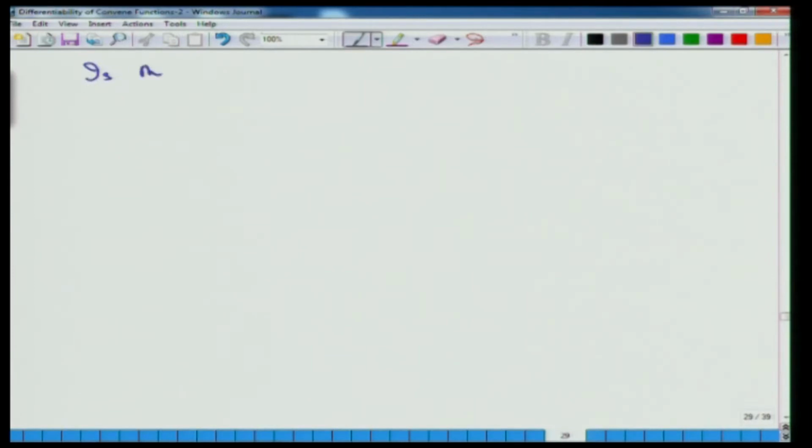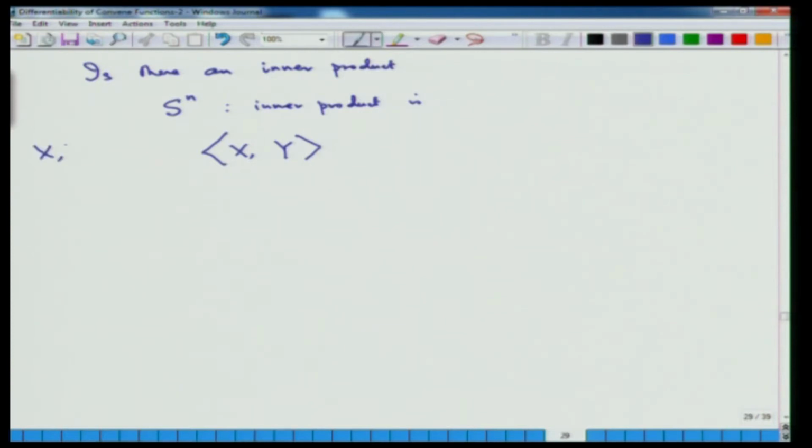But now, if I am in the space Sn, is there an inner product in Sn? In fact, I can define an inner product on Mn also, but for Sn, take two matrices x and y in Sn.